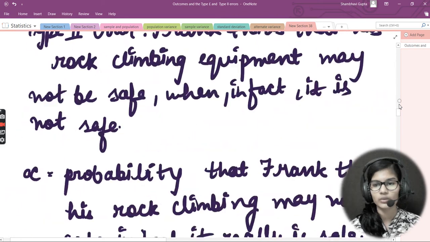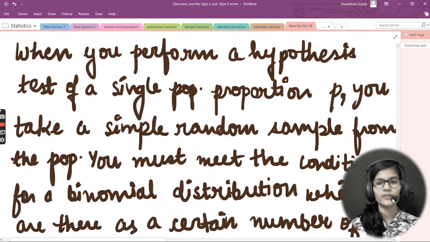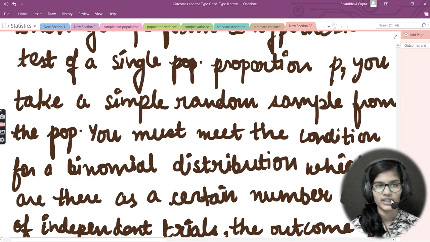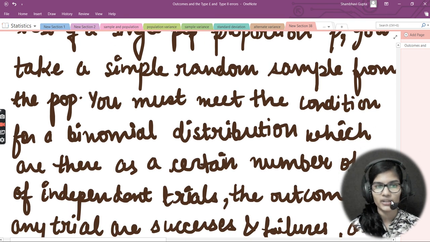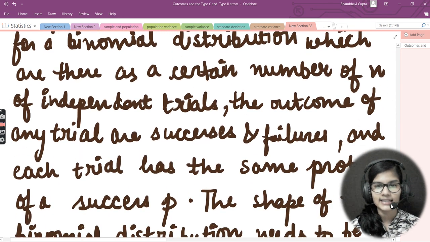Let me again scroll and tell you the last one which we have written here. When you perform a hypothesis test of a single population proportion, that is P, you take a simple random sample from the population. You must meet the condition for a binomial distribution: a certain number n of independent trials.